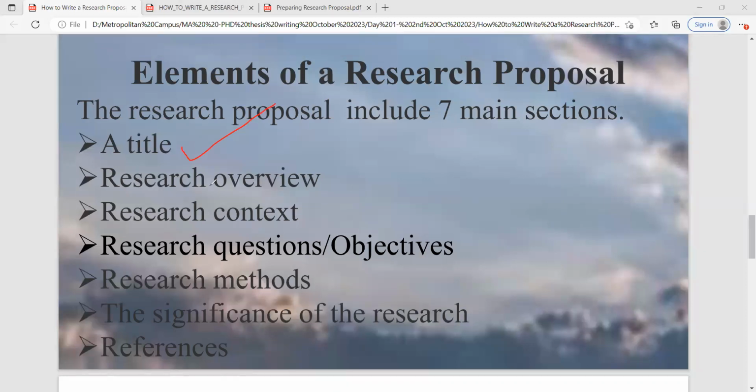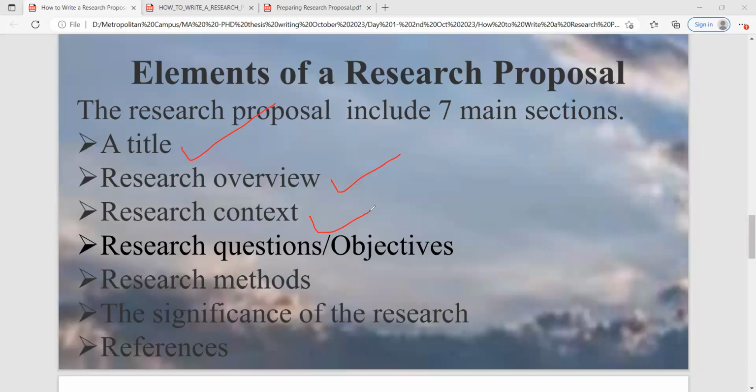Then apart from that, your research overview or research content, in other words your justification or rationale, and then your research questions and objectives. According to your title, you have to identify how many objectives you are planning to take. Imagine there are 4 objectives. Out of those 4, you have to identify which is your main objective and which are the specific objectives.